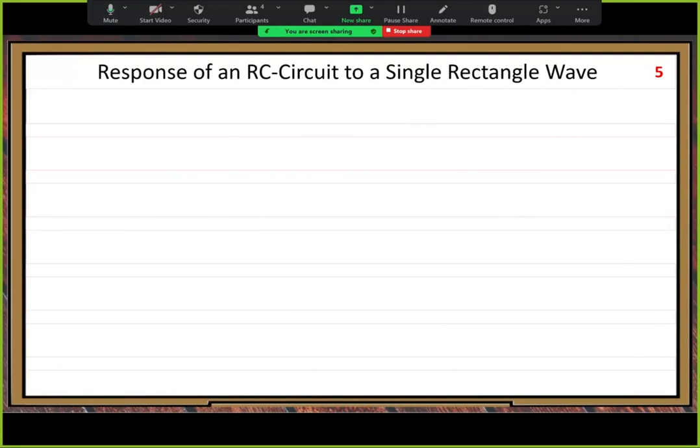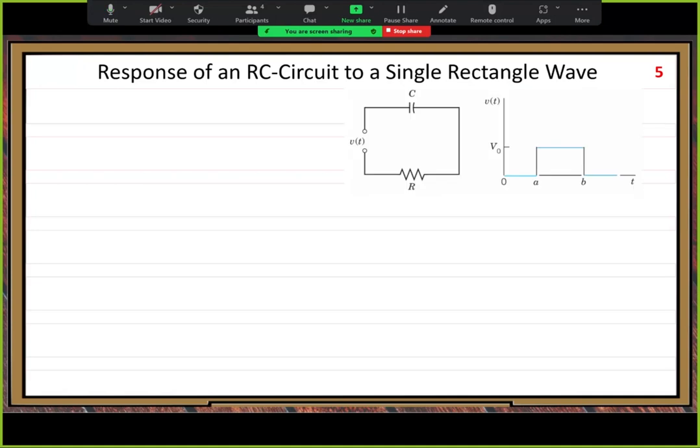Response of an RC circuit to a single rectangle wave. All right, so look at the problem. RC circuit, but V, the voltage function, this time is a special one. Look at this shape.